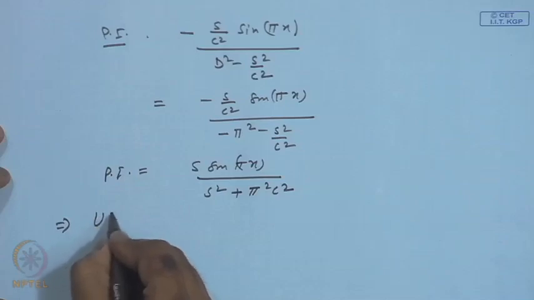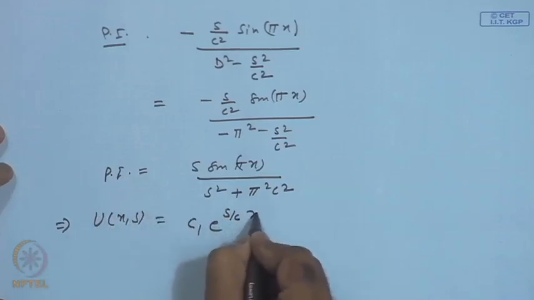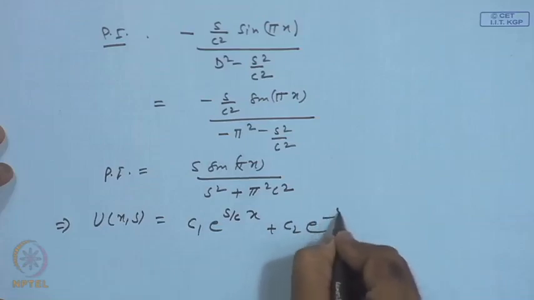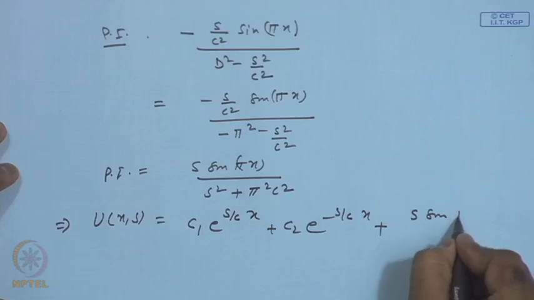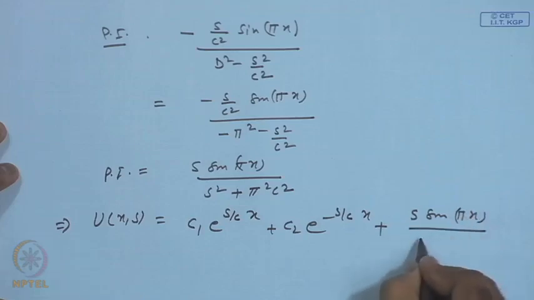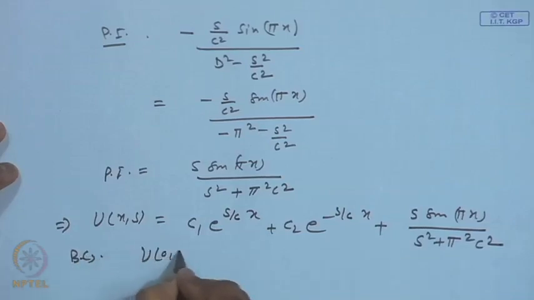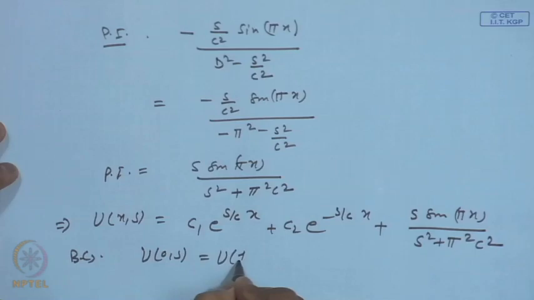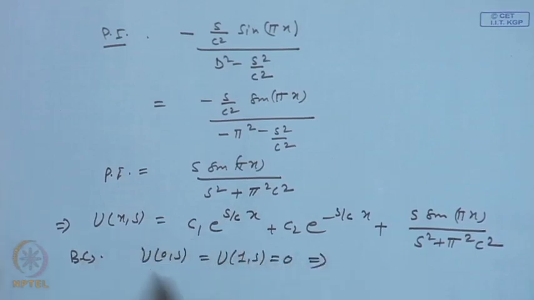So our solution is U(x,s) equals C1 e^(s/c x) plus C2 e^(-s/c x) plus s sin pi x over s square plus pi square c square, and the boundary conditions are U(0,s) and also at 1 both are 0. Using these two boundary conditions, we will get C1 and C2 both to be 0.